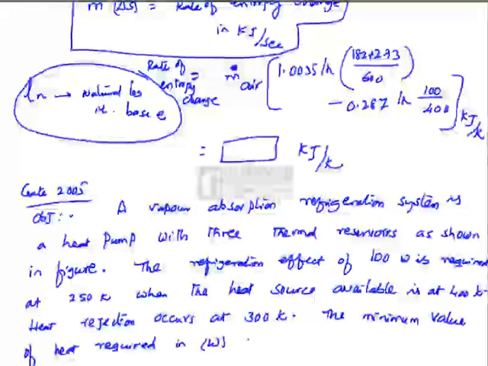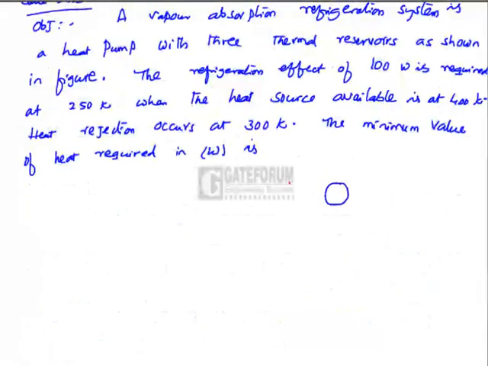first let us consider the figure given along with the problem. There is a vapor absorption refrigeration cycle exchanging heat with 3 reservoirs.